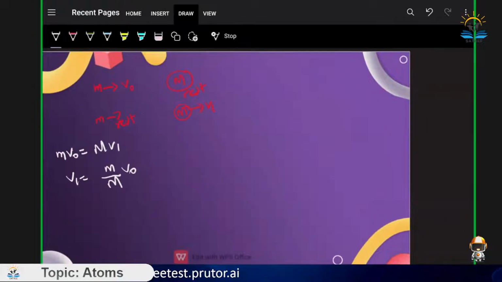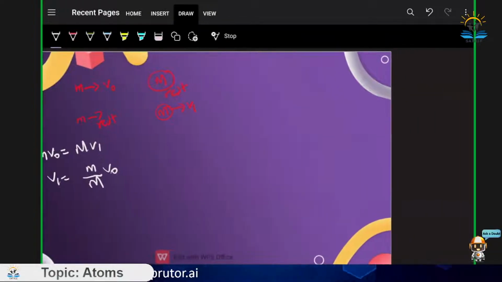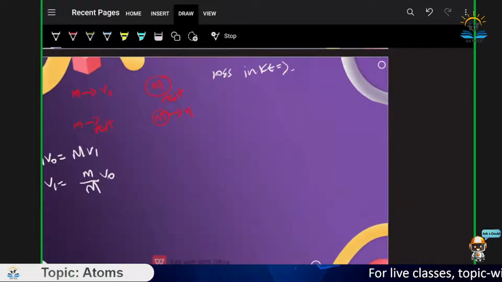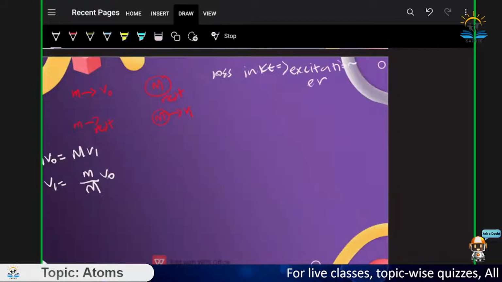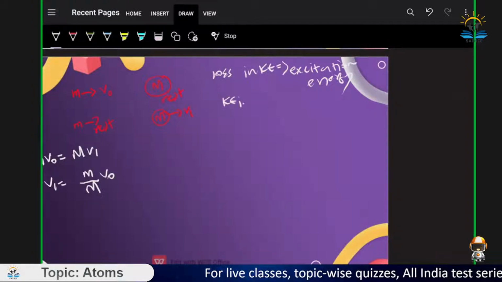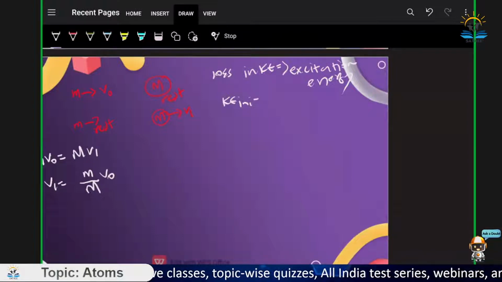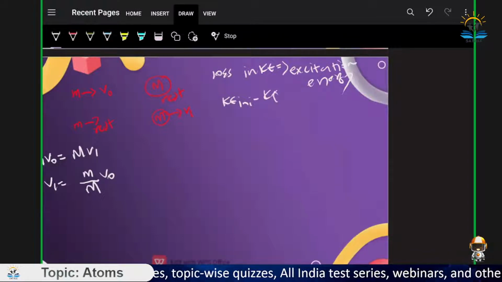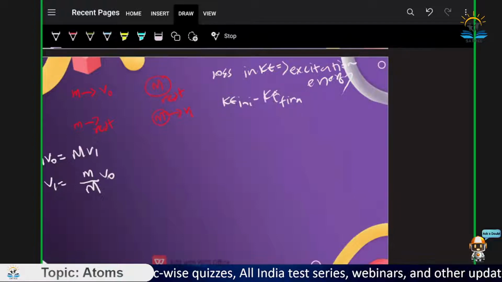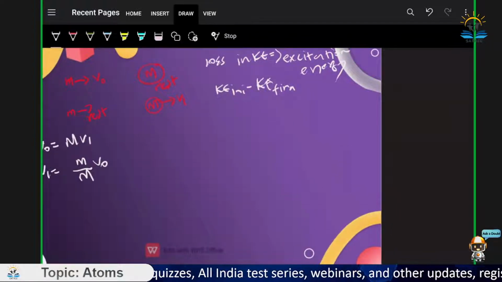In this process, there will be a loss of kinetic energy. That kinetic energy goes as excitation energy for the electron in the hydrogen atom. So the loss in kinetic energy during collision is the excitation energy. The loss in kinetic energy will be initial kinetic energy minus final kinetic energy. That will be the loss, not change, loss.